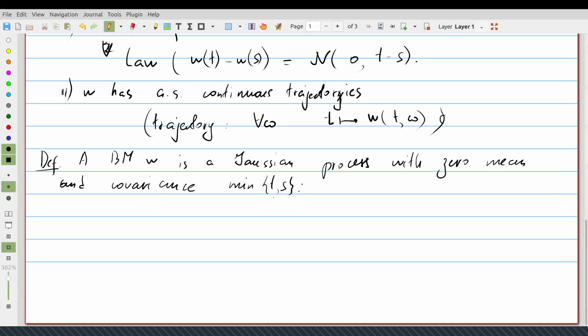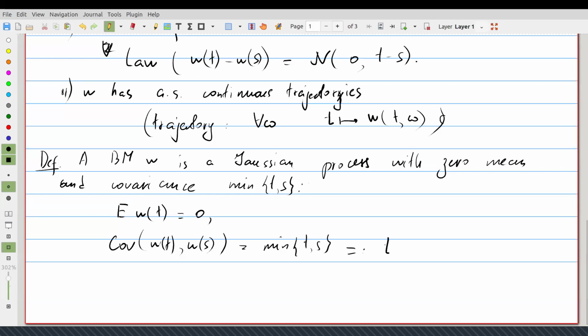That is mathematical expectation of W_t is 0, and covariance of these two Gaussian random variables is just minimum of t, s, and I will occasionally use t minimum s, this notation to shorten this, writing this minimum t, s. Again, this is sufficient to define finite dimensional distribution.